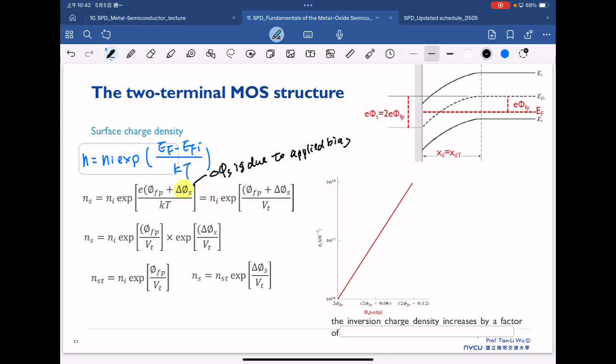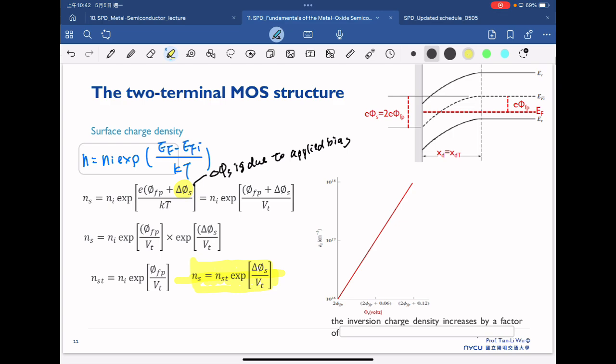So now we can rewrite the equation here. This equation will become this one, and we consider the previous one as Nst. Then Ns is equal to Nst exponential delta phi s over Vt.